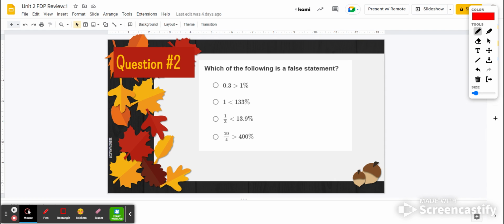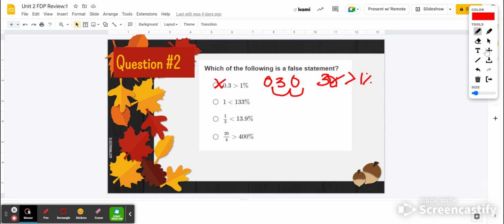And decimal to percent means I move the decimal 2 places to the right. So I'm going to rewrite that as 0.3. I'm going to move that decimal 2 places to the right, and I end up with 30%. 30% is actually greater than 1%. So we know that's a true statement.